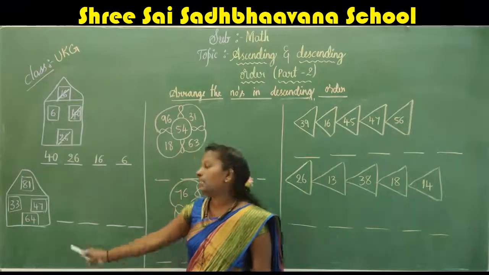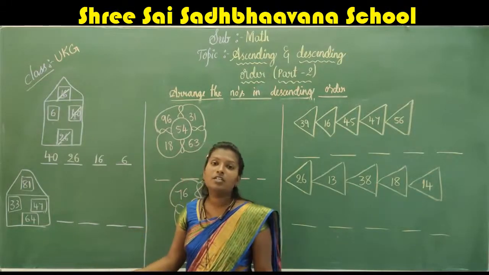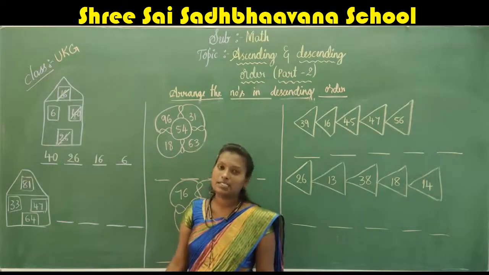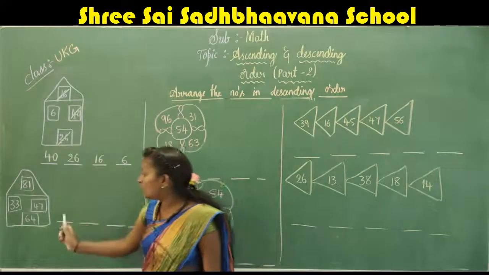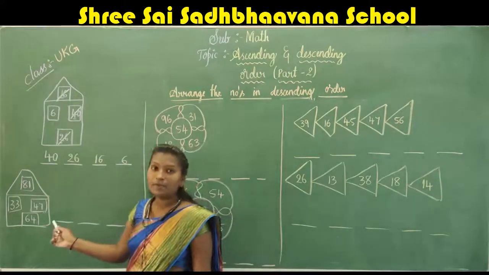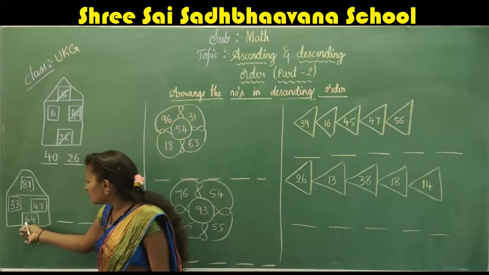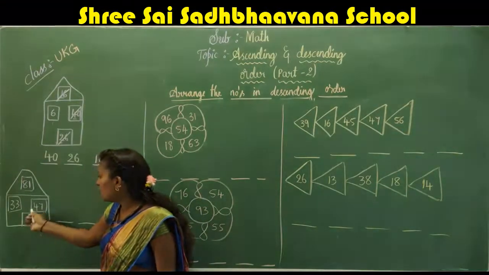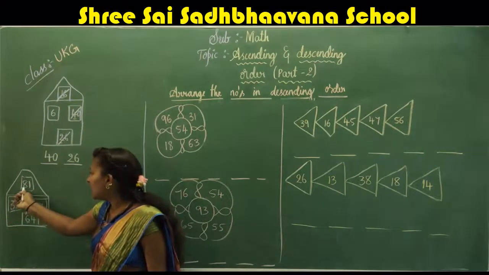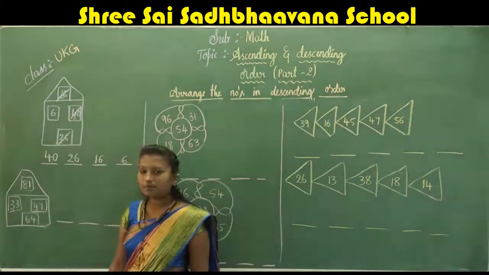In descending order, in the first place we write the biggest number. So among these 4, we have to identify the biggest number. Let me think about the tens place numbers. So here 6, 4, 3 and 8.